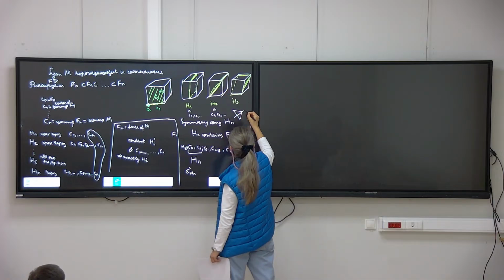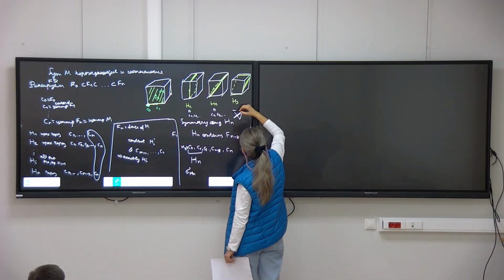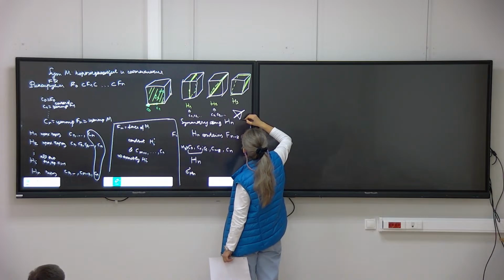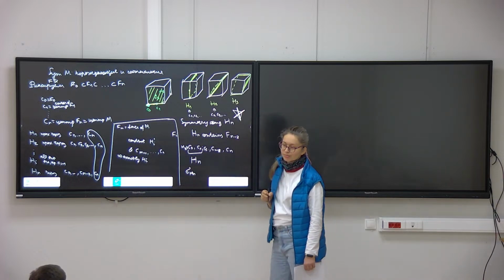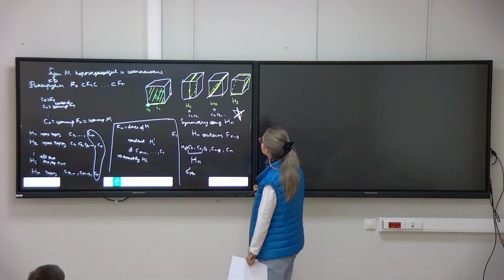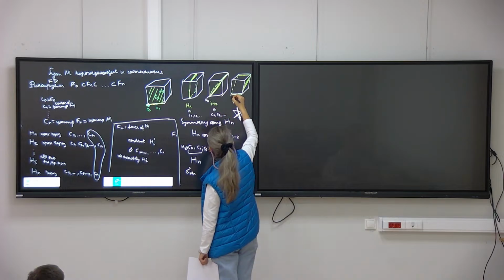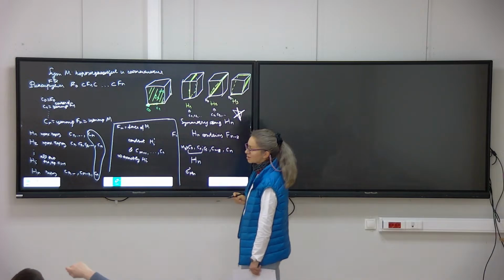H2 is this symmetry, and H3 is this symmetry. F0 is here. It is preserved. It is in the plane of reflection.